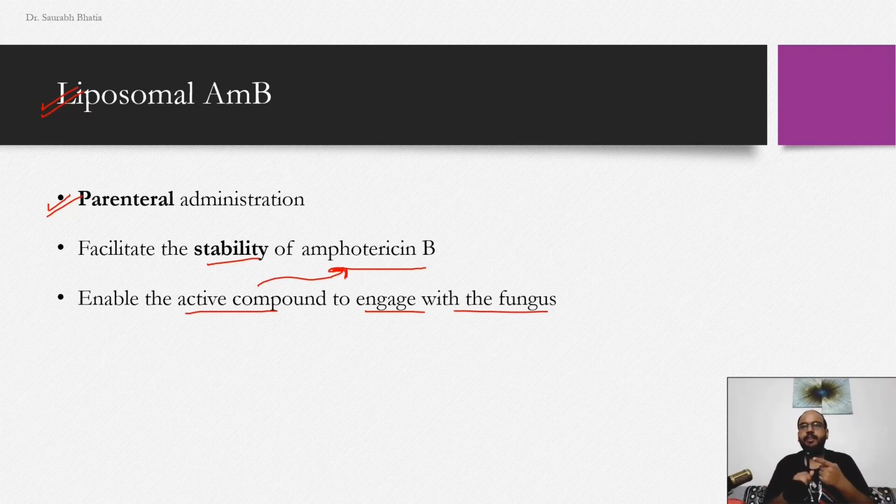So liposomal amphotericin B has the same efficacy, increased tolerability, decreased side effects, increased engagement with the fungal membrane, and increased stability of the active agent. So we have given you 5 advantages of liposomal amphotericin B. So in subsequent slides, whenever I am saying amphotericin B, more often than not, I mean liposomal amphotericin B.